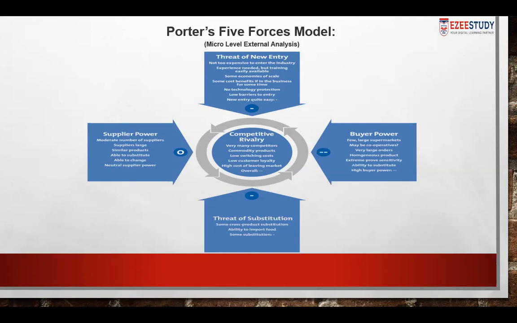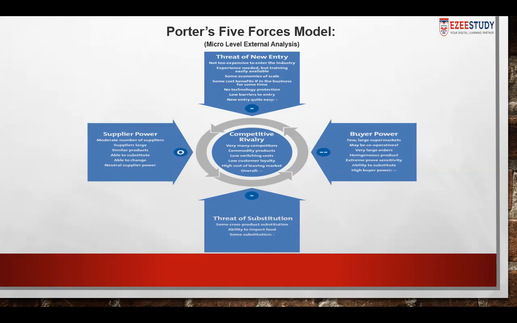Then there's another factor, which is the buyer power. You also have to look at how powerful your buyers are. Again, it's very important to look at the power of buyers, because if you tend to increase your price, will you be in a position to do so?